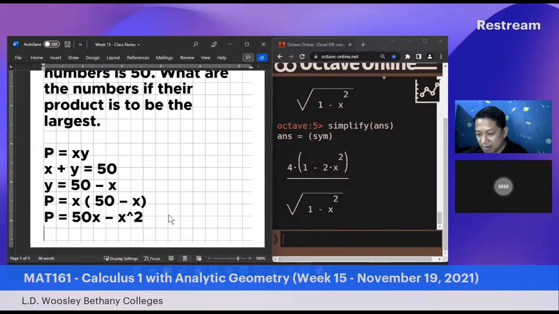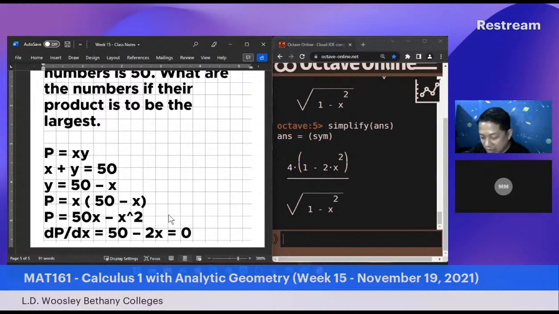Okay? Michaela? Can you follow? Okay, so we now get the derivative with respect to x. And what's the derivative of 50x? 50, sir. 50 minus 2x. And after we get the derivative, then we equate it to 0. Why? Because the slope at the maximum or minimum value is always equal to 0.